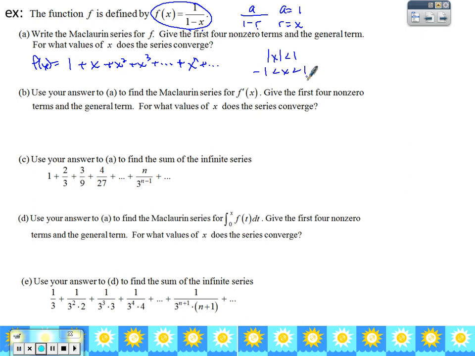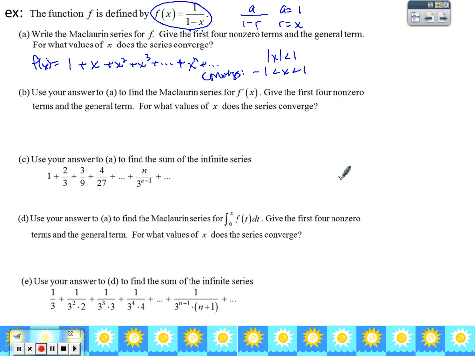Now, for this type of series that we used the geometric series to create, do we need to check the endpoints? No, this is really the only time we don't have to check the endpoints. So we know that that is the interval of convergence. So it converges at negative 1 to 1. Okay, great.